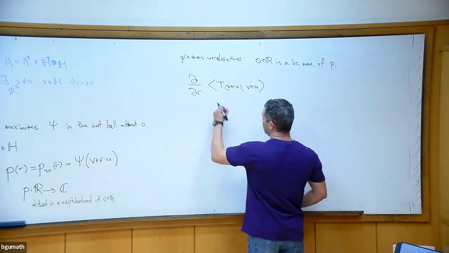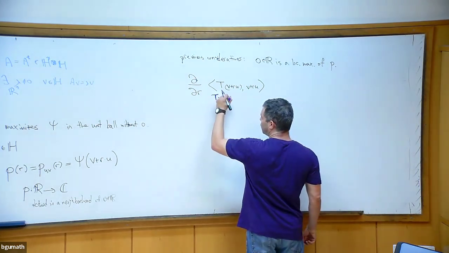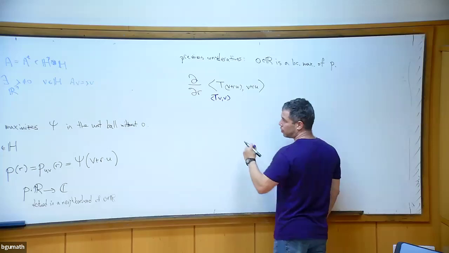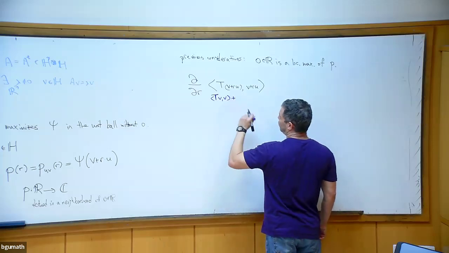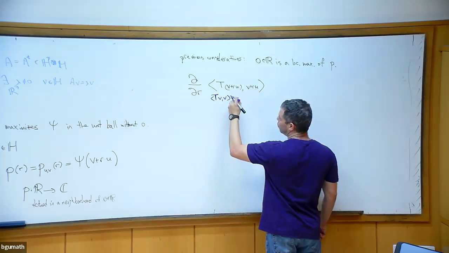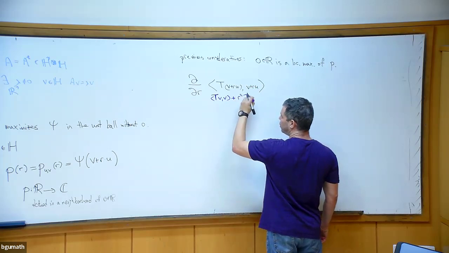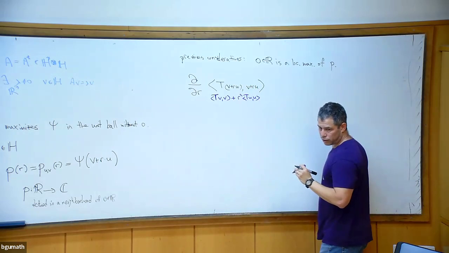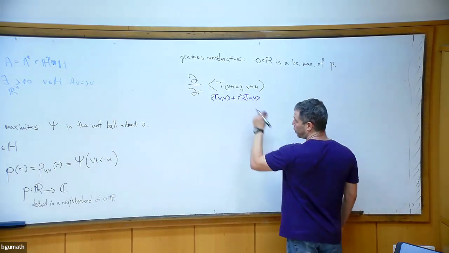It says T of V, V, plus, I have RU, so I get R squared T of U, U. These are just some complex numbers, and that's R squared.